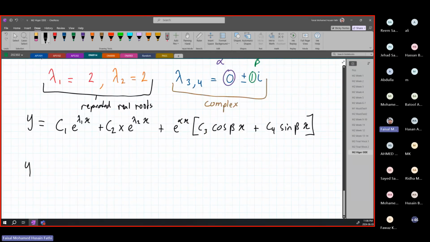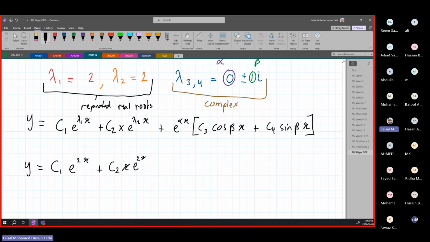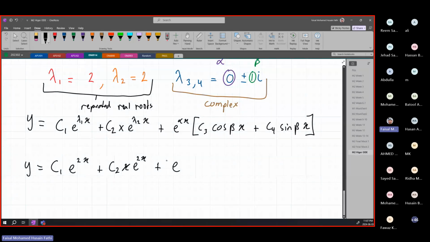Now let's substitute. So y is equal to C1 e to the power, what is lambda 1? It is 2x, plus C2 x e to the power of lambda 2, which is 2x, plus e to the power of alpha, our alpha value here is 0, x, times C3 cosine beta, which is just 1x, plus C4 sine beta, which is 1x.